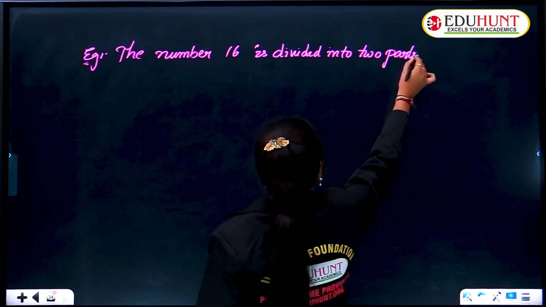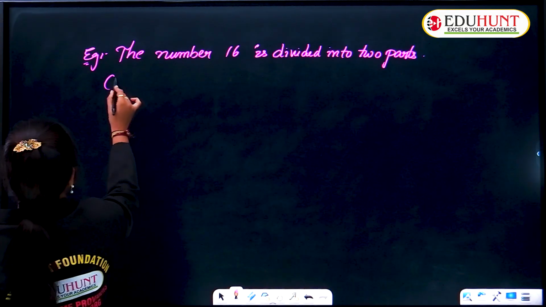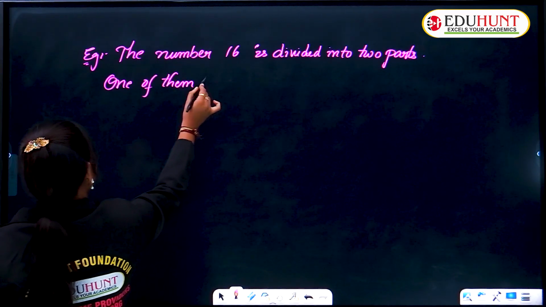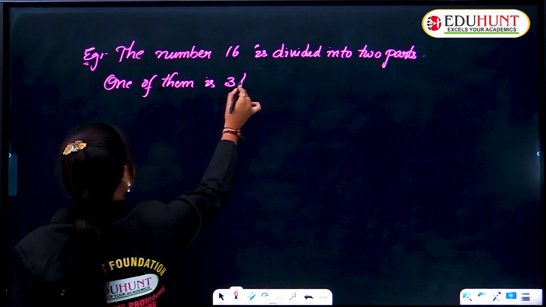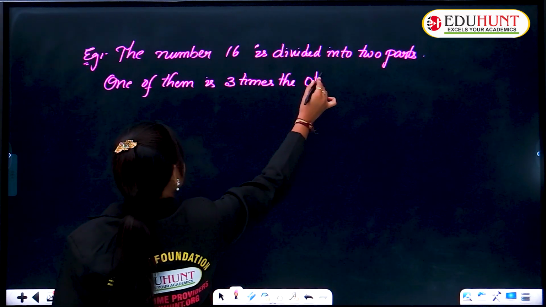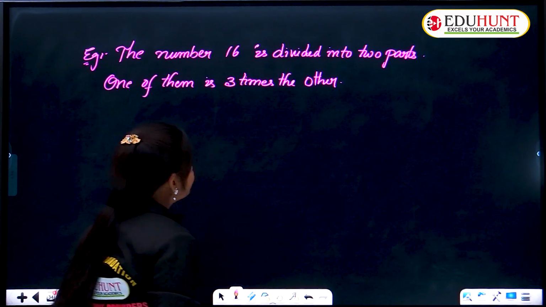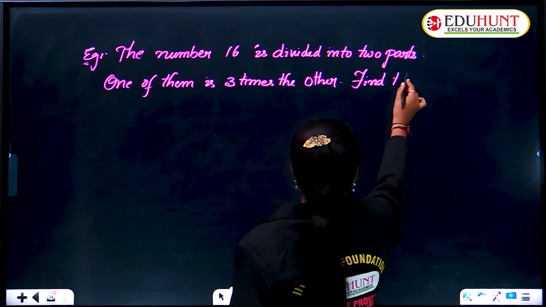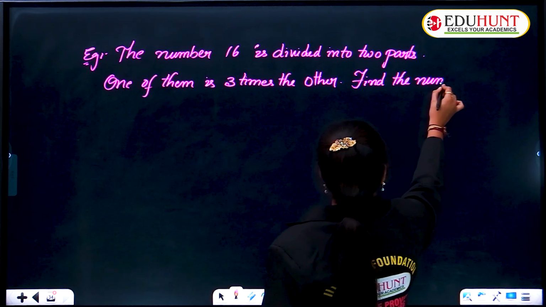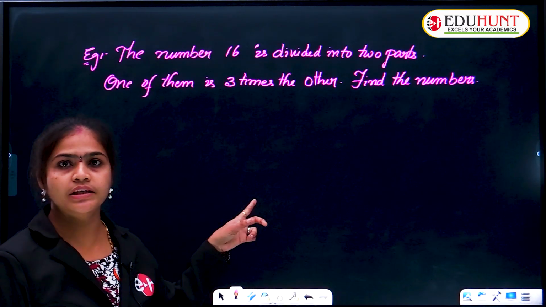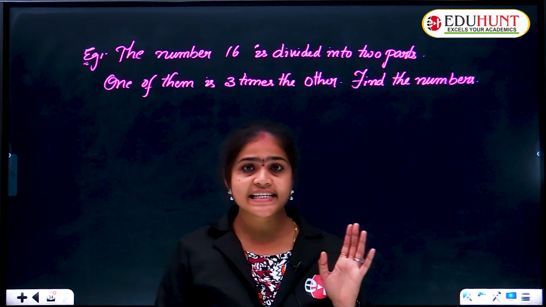One of them is 3 times the other. Find the numbers. Understood, ma? What is the question here? Just they given that 16.